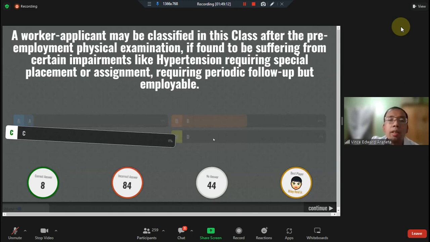Class D is difficult to clear because the comorbidities might interfere with the work. This is the one you refer to a subspecialist, who would recommend, or do not clear this patient because of, for example, heart failure. Of course, you would put it in class D if the work involves effort.